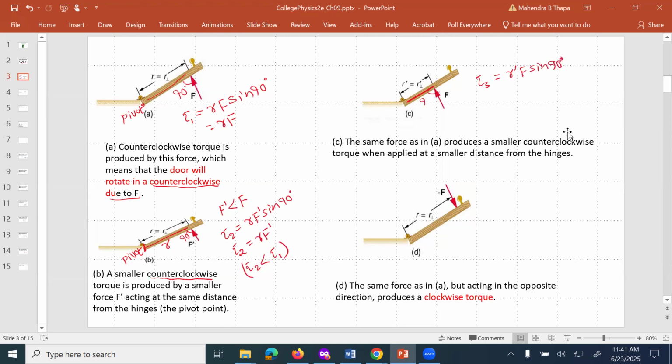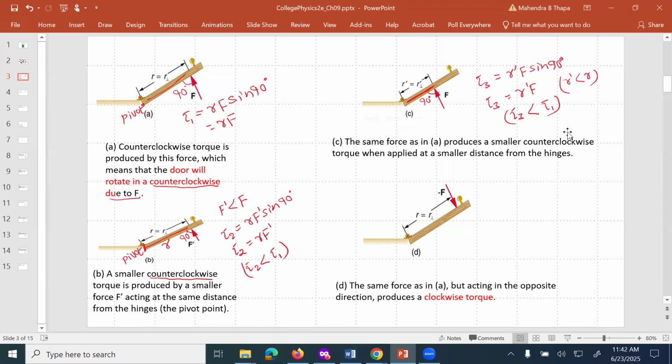This angle is 90. So tau 3 will be R prime times F. So this tau 3 is less than tau 1 because R prime, that distance, is less than R.